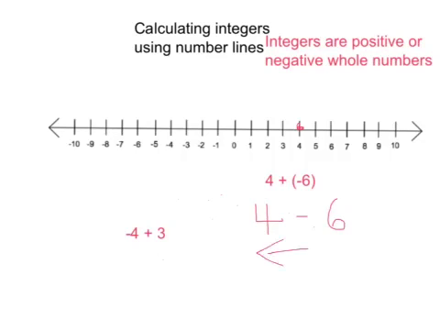Okay, 1, 2, 3, 4, 5, 6. So we know that this result would be -2. And again, if you understand that integers only can have one sign when we're dealing with them, or one operation, it'll be much easier for you to calculate.